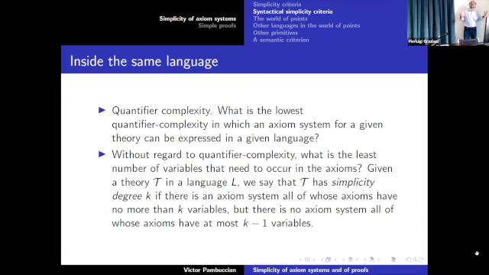And we've said this is an open question. We have 15 different 5-variable statements that are saying stuff in ordered geometry, and we don't know whether they collectively imply the Pasch axiom or not. If they do, then the simplicity degree of ordered geometry would be 5, else it is 6.